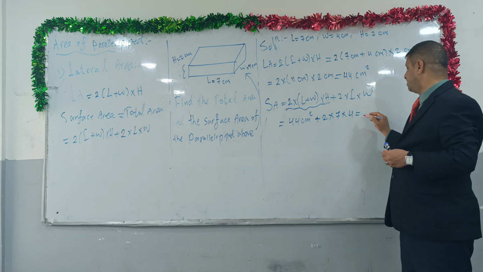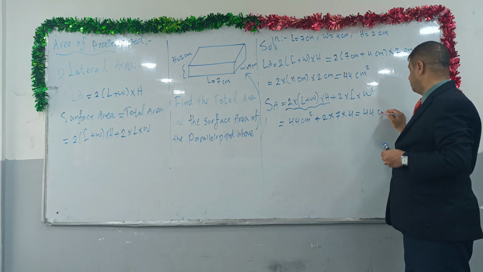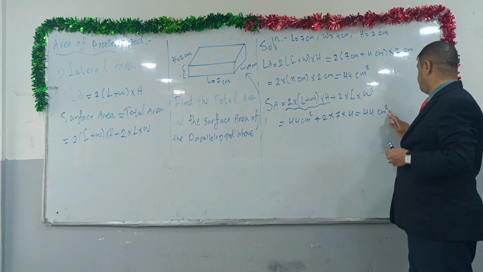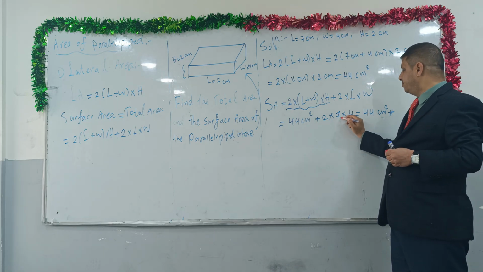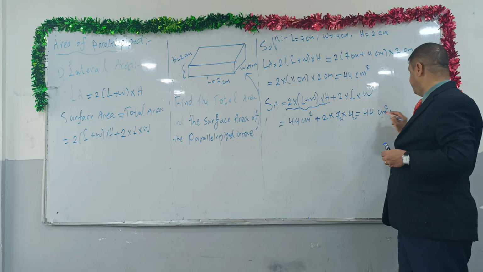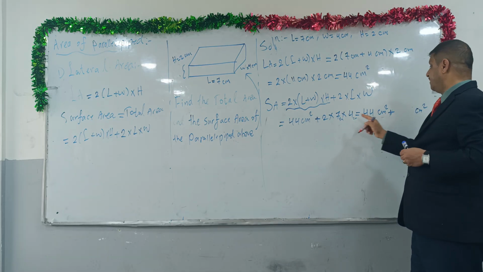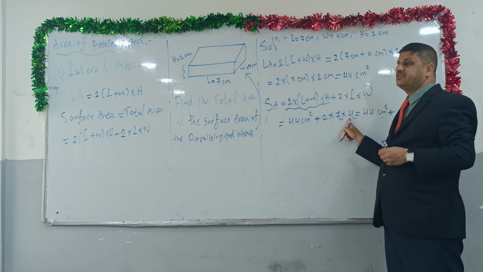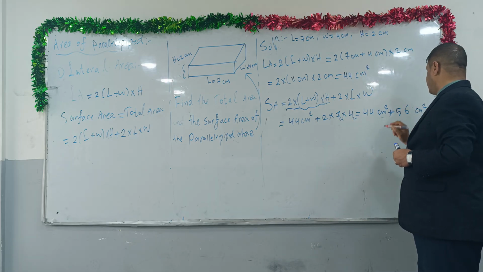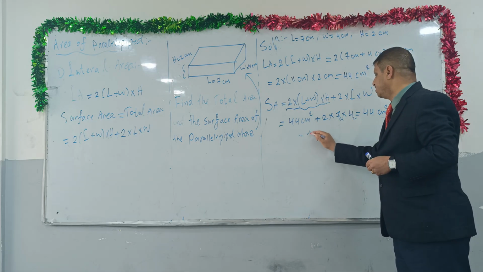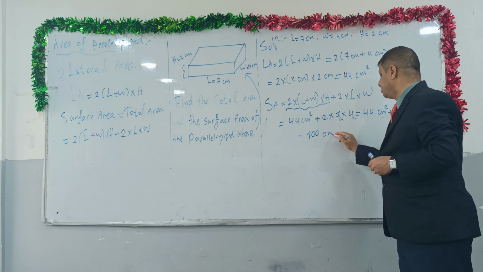That equals 44 centimeters squared plus, here centimeter times centimeter is centimeter squared, 2 times 4 is 8, 8 times 7 is 56 centimeters squared, which equals 100 centimeters squared.